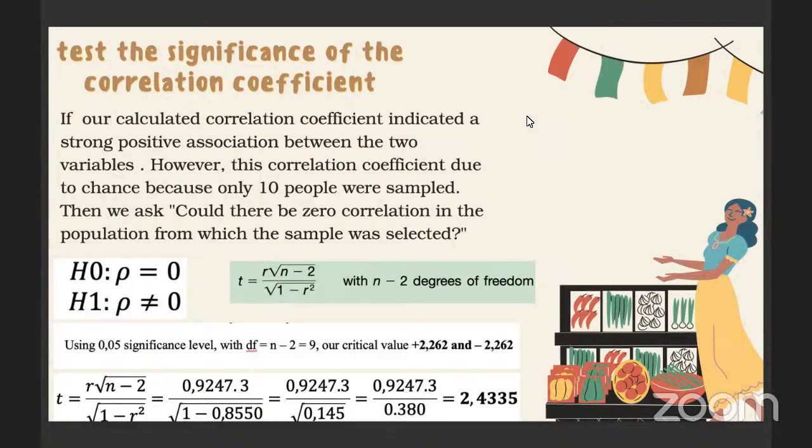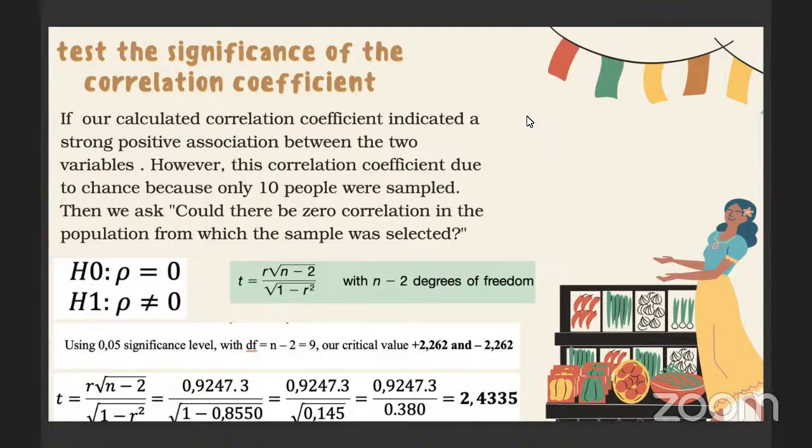It is 0.9247 times the square root of 9, which is 3, divided by the square root of 1 minus the square of r, which is 0.8550, and then the value of t will be 2.335.